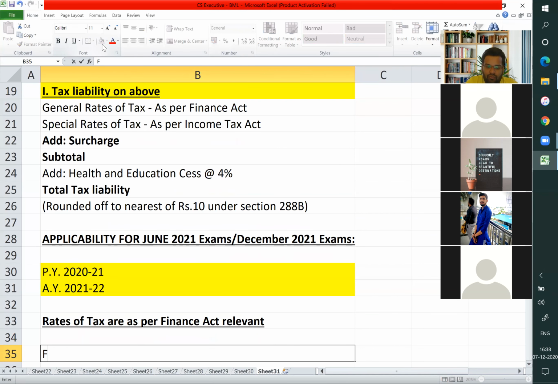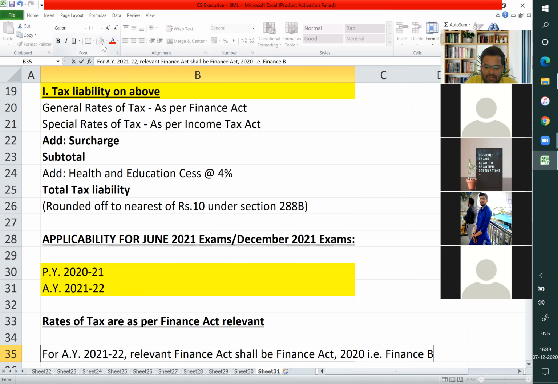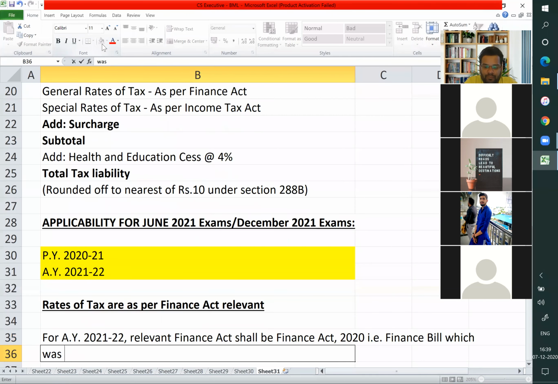For AY 21-22, the relevant Finance Act shall be Finance Act 2020, that is, the Finance Bill which was part of the Union Budget proposed in February 2020.